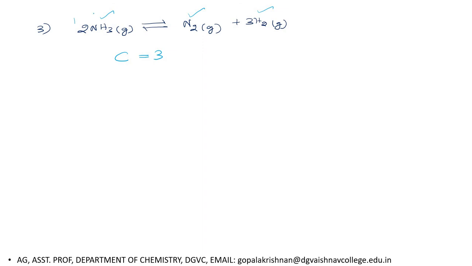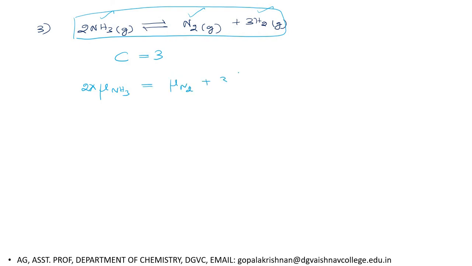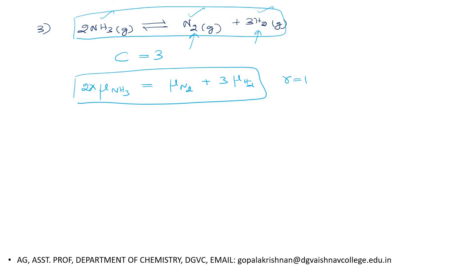Okay, now we have an equilibrium reaction here. In this equilibrium reaction, twice the chemical potential of ammonia should be equal to chemical potential of nitrogen plus thrice the chemical potential of hydrogen. So we have one equation here. So R equal to 1. And remember, this nitrogen and hydrogen are coming from ammonia and both are gases now. Since both are gases, we can write number of moles of hydrogen is equal to 3 times the number of moles of nitrogen.